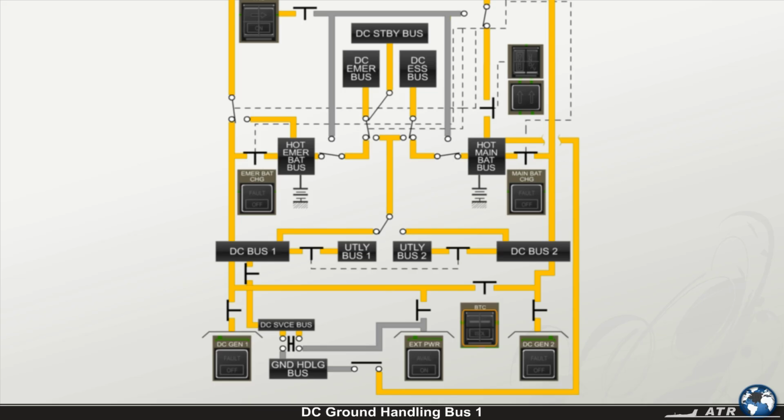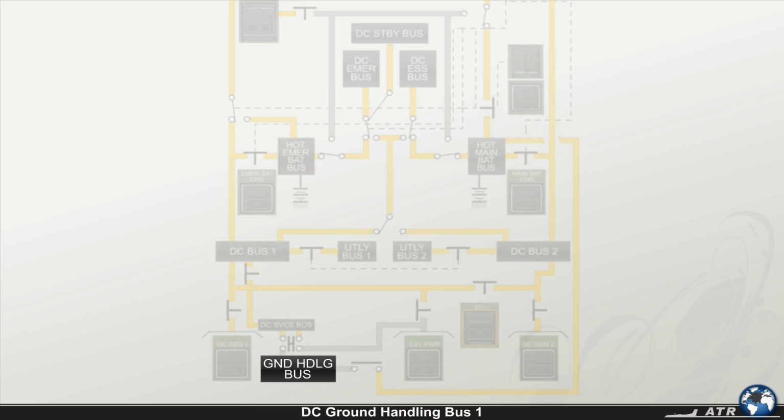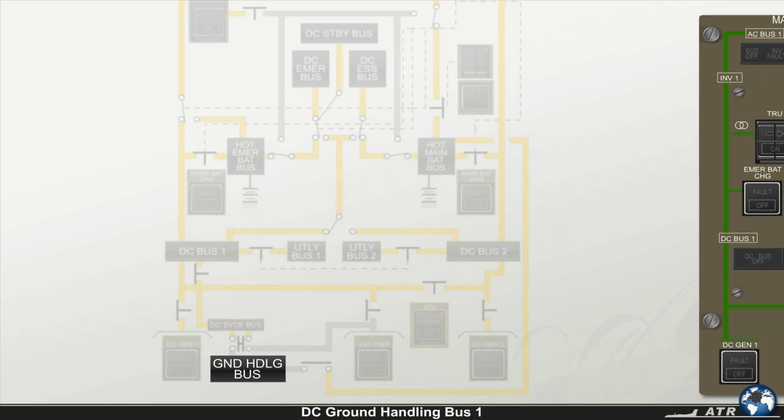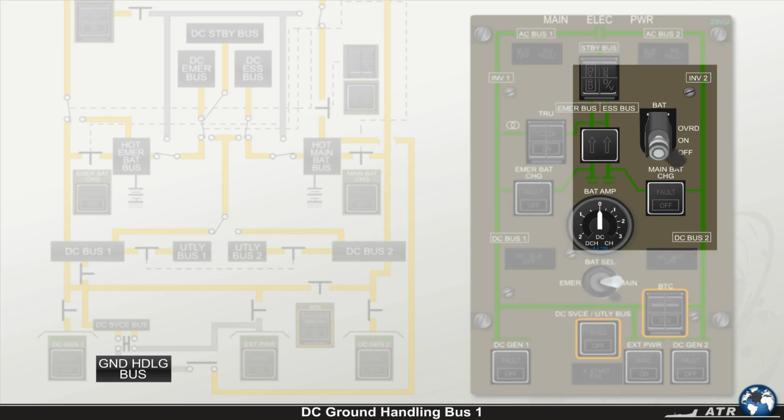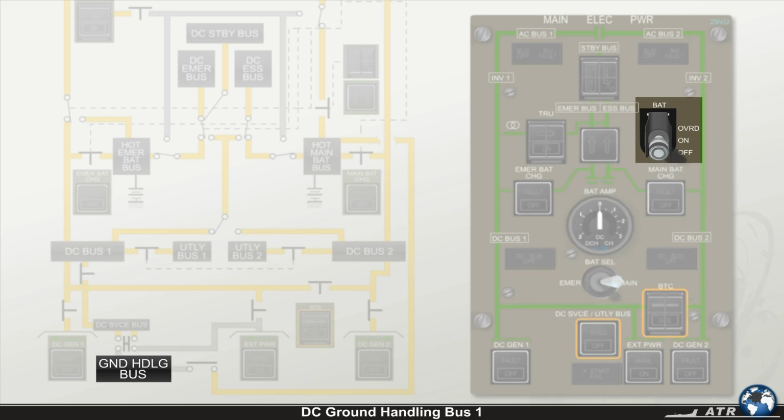The supply of electrical power on ground during aircraft servicing is the duty of the ground handling bus. The ground handling bus provides the electrical power requested by its consumers, regardless of the position of the battery switch on the main electrical power panel, even with the batteries off.